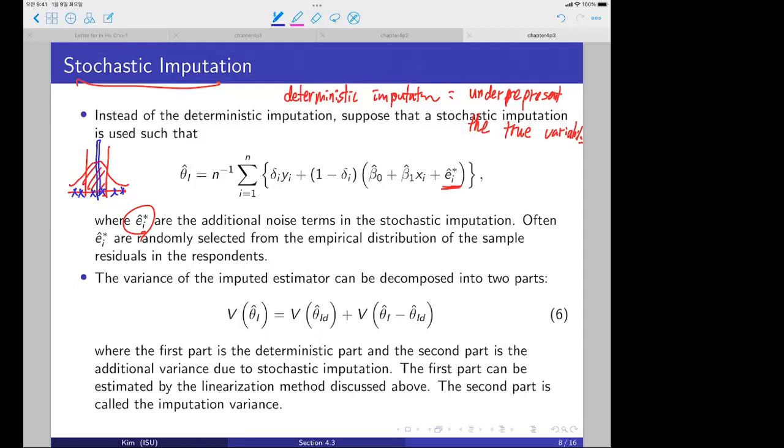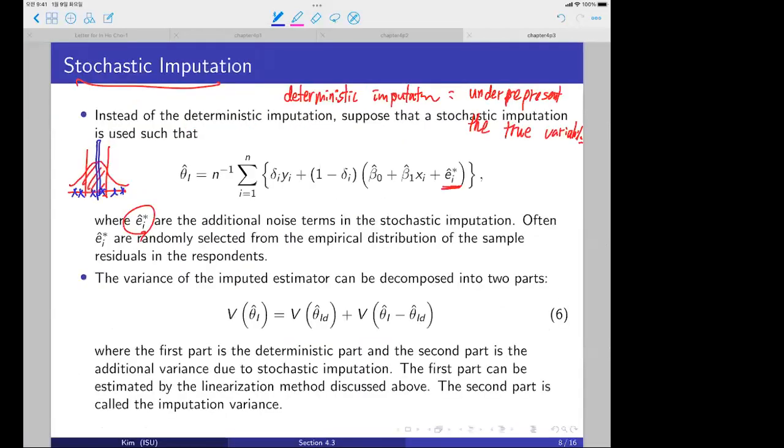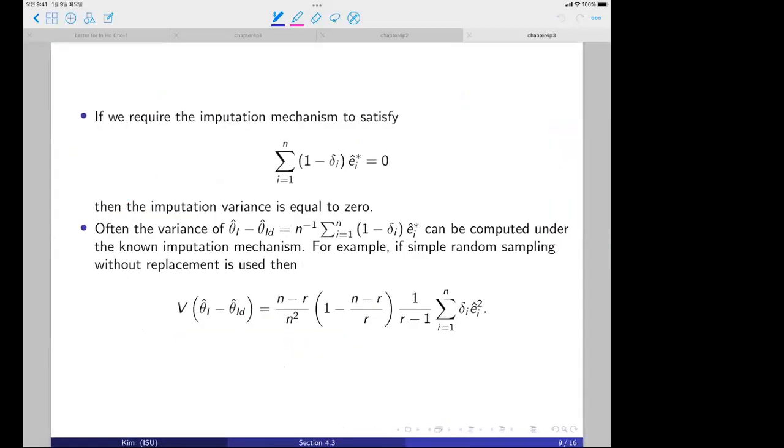So the idea is to add noise intentionally to reflect the variability of the original data. That is the idea behind stochastic imputation. Then you separate out this additional variability, and you need to figure out what the variance is.